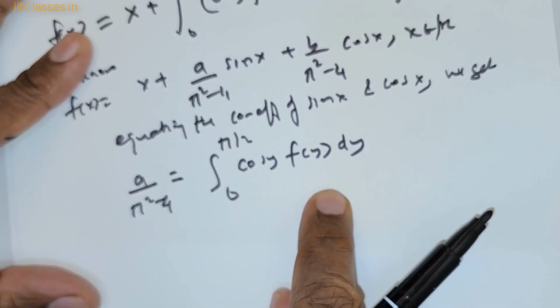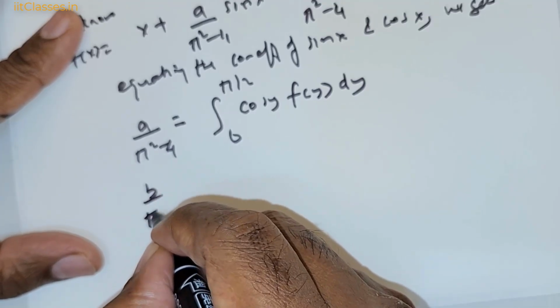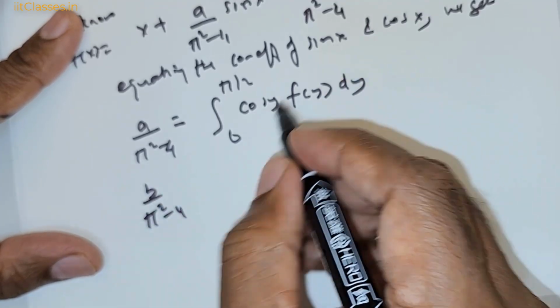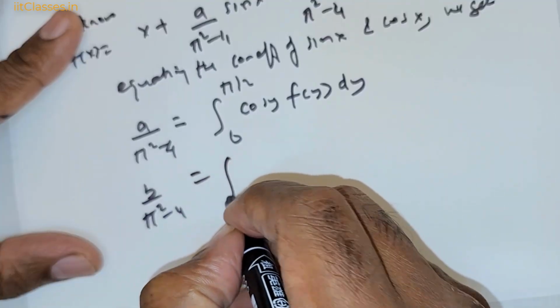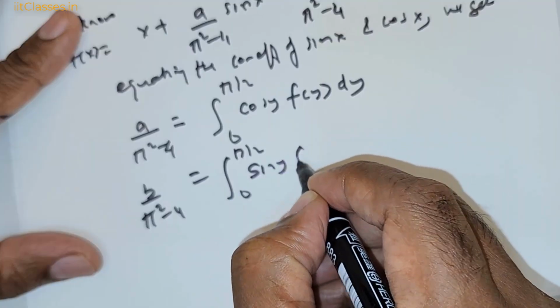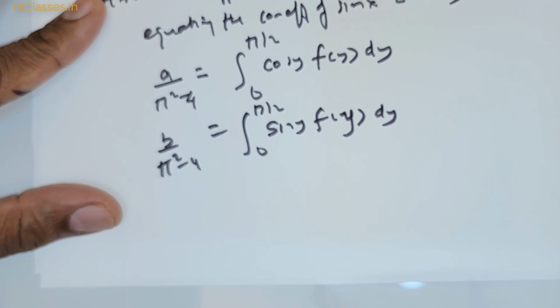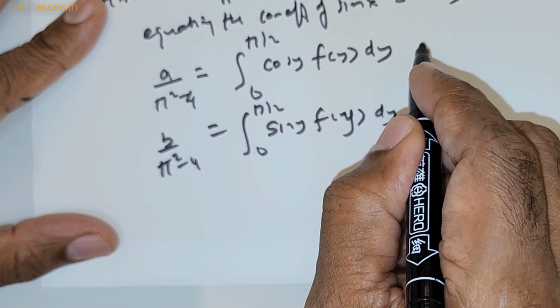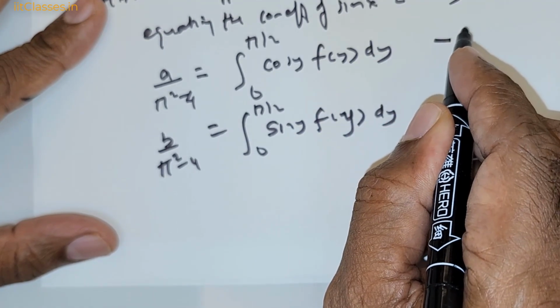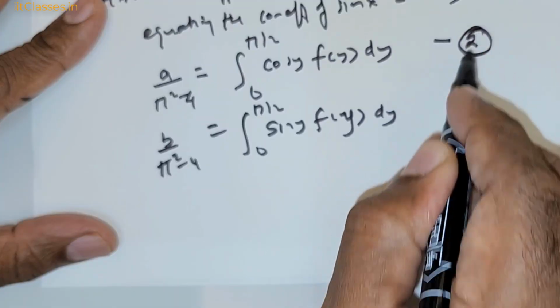This is 1. And with cos x, you have b over pi squared minus 4 is equal to the integral from 0 to pi over 2 of sin y f of y dy. Now let me take these as 2 and 3.